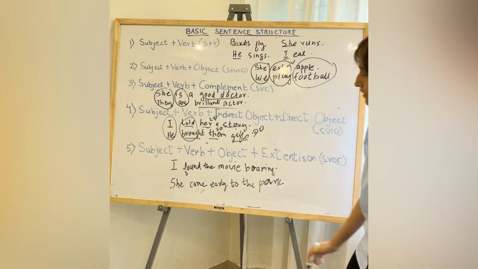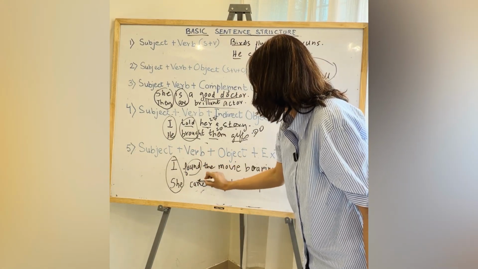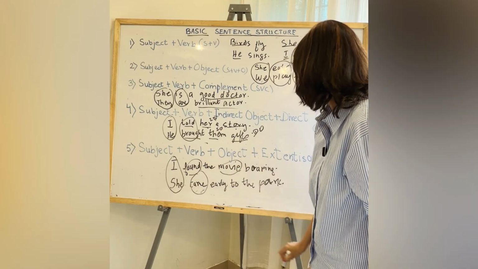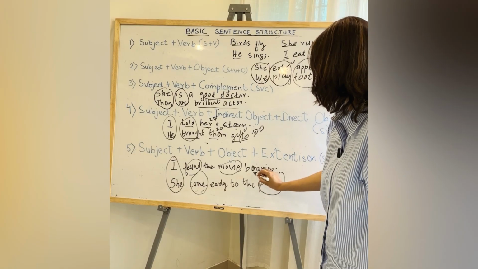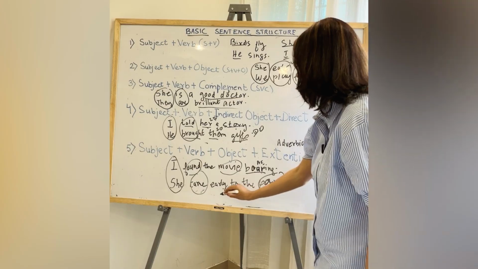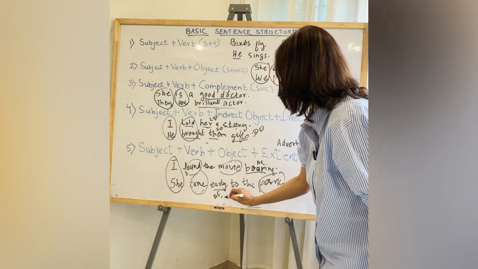In these two sentences, I and she are subject, found and came are verb, movie is the object, park here is the object, but boring is the adverbial extension, and here the word early is the adverbial extension.